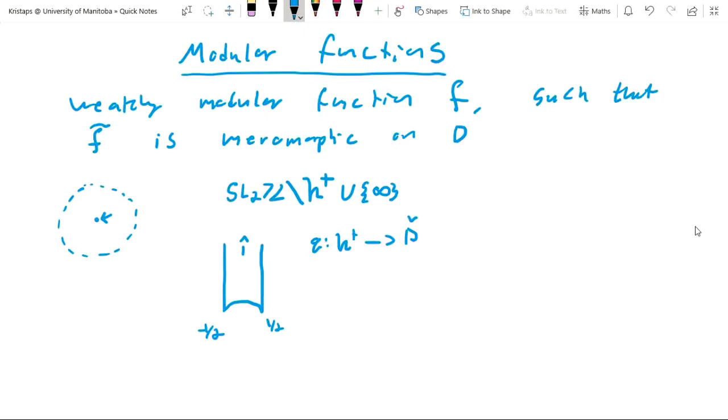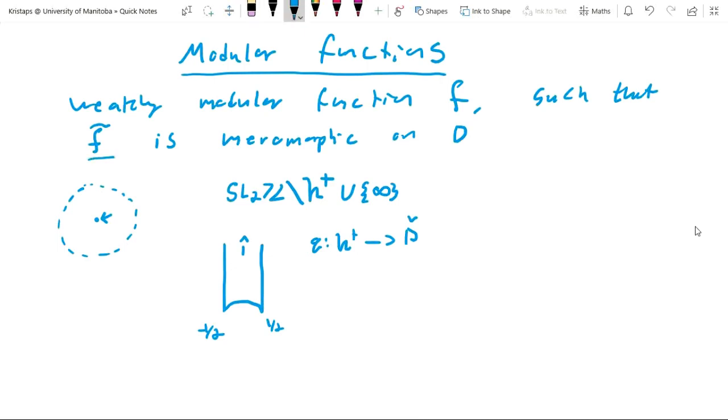So since we want our space to have a point at infinity and we want our functions to also be defined everywhere, including this point at infinity, in terms of the punctured disk, that corresponds to having our functions be defined, or at worst having a pole, at what would be the origin of the punctured disk, or the point at infinity for SL2Z acting on the upper half plane.